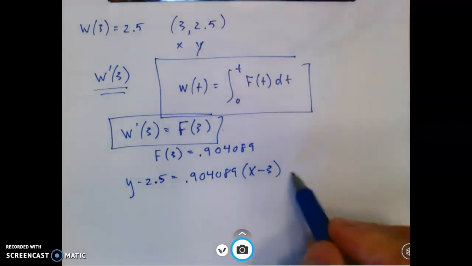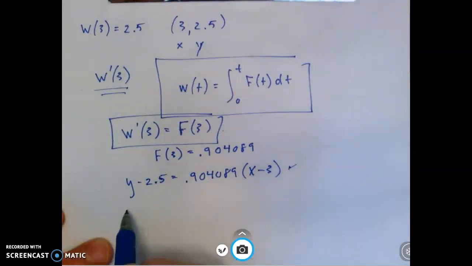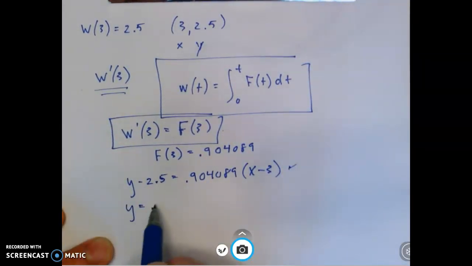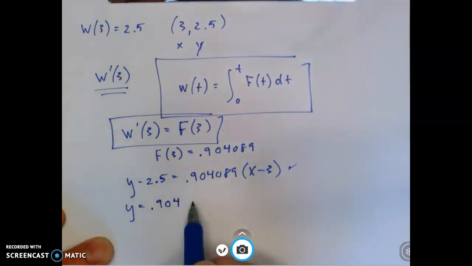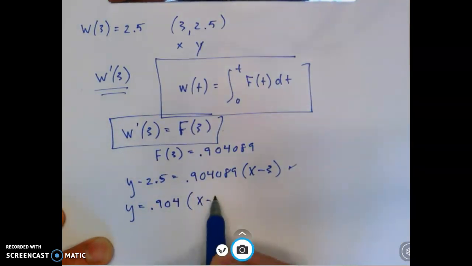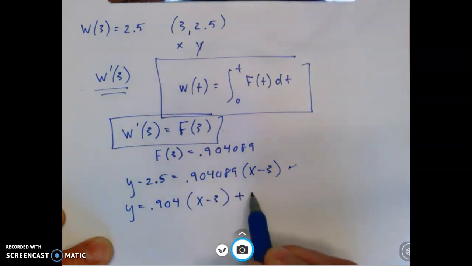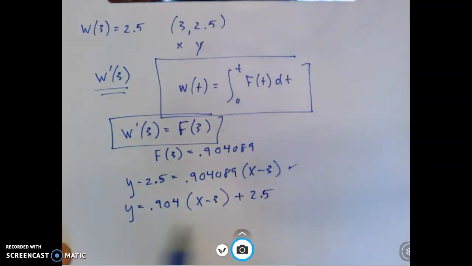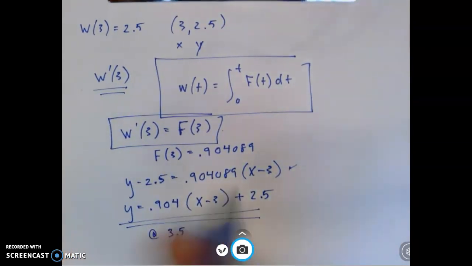There's my linear equation right there. I would probably prefer to simplify it to this value. And I'm again going to put that in my calculator and evaluate it at 3.5. So I'm going to plug that in my calculator.